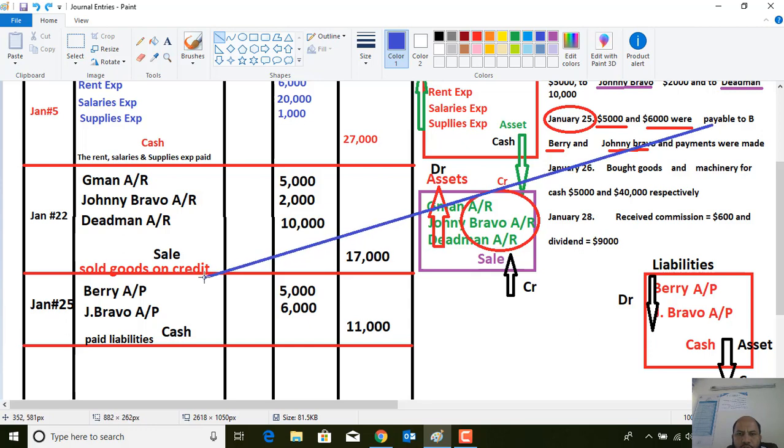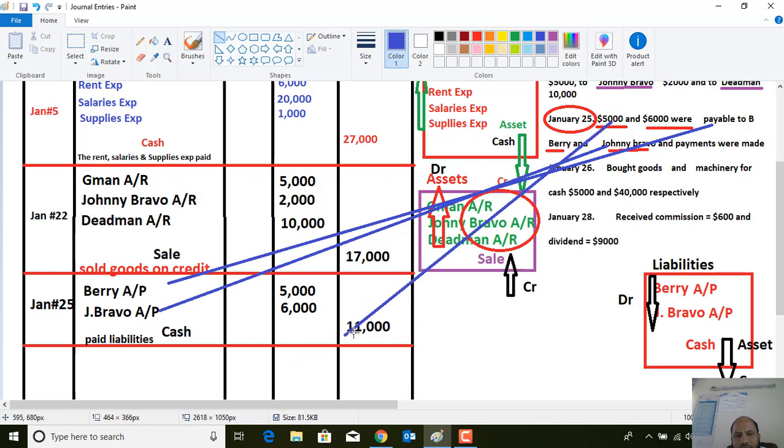To Beery and also to Unibrav, two persons. What did they pay? They paid cash of 5,000 and also cash of 6,000. When we added both of these, it was equal to 11,000.